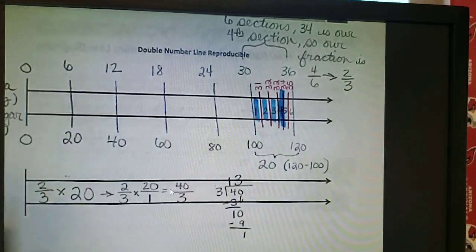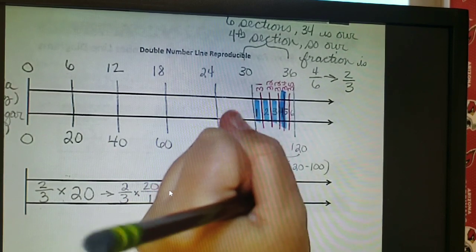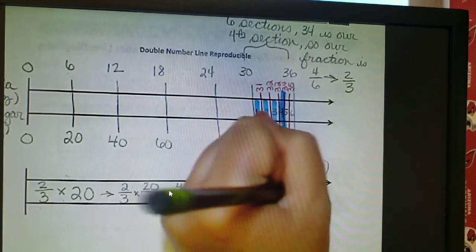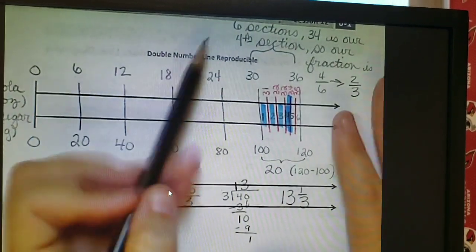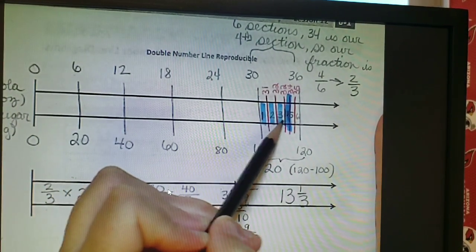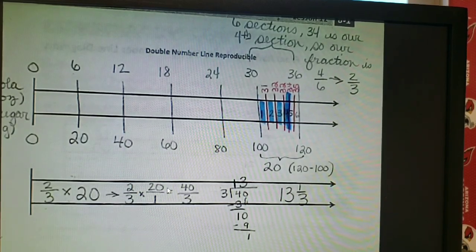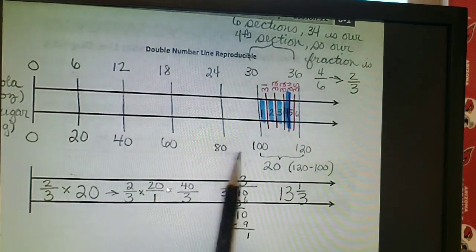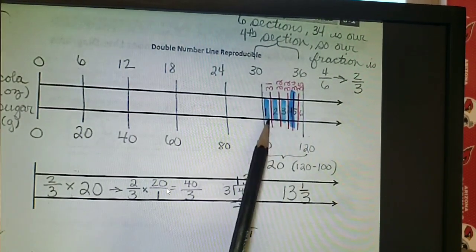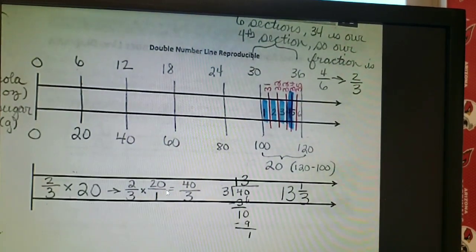So when I multiplied 2/3 of 20, I got 13 and 1/3. Okay, so all that's telling me is that this blue is 13 and 1/3 grams of sugar because we took 2/3 of 20. Remember 20 was this whole section, but we didn't use the whole section. We only used 2/3 of it, right?